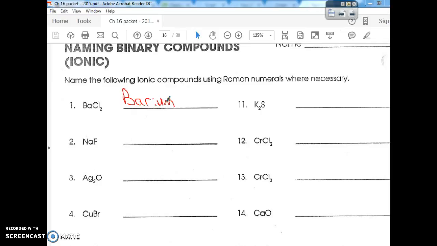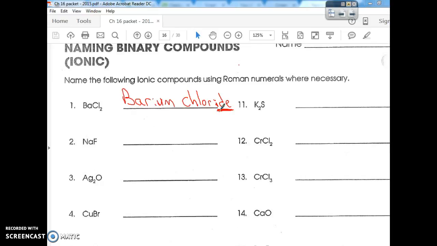We just write the metal how it is. It stays as barium. Now you find Cl on the periodic table. It's in the second to last column. It's chlorine. But what we have to do is change the ending to "ide," so it becomes chloride. Whenever you are naming a binary ionic compound, the ending will always be IDE.